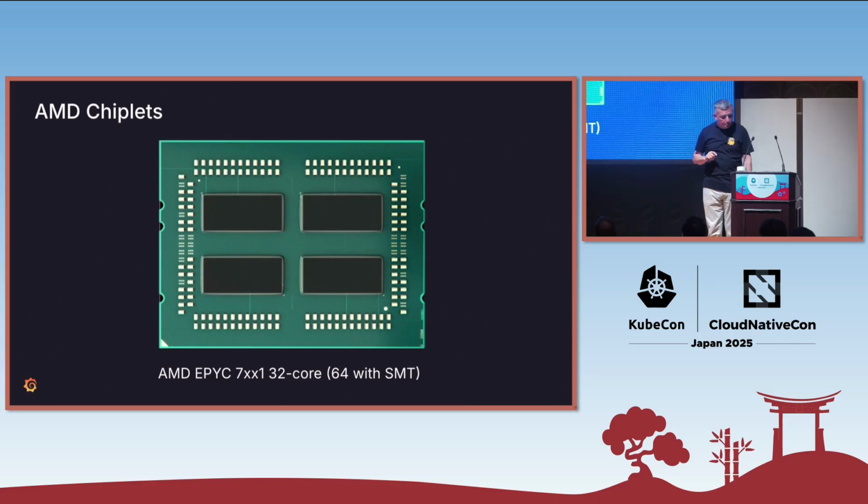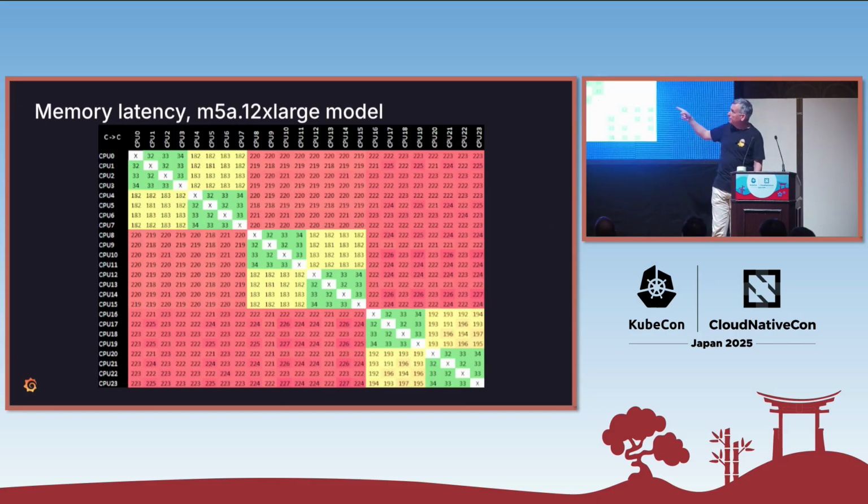This is one of those timing diagrams where we take every single core and time how long it takes to talk to another core. So 24 cores on the top, 24 cores on the side. And it's 32 nanoseconds at the fastest and 220 at the slowest.